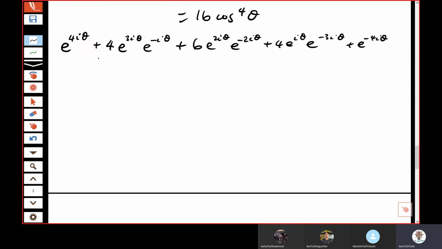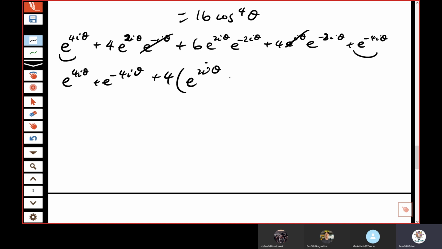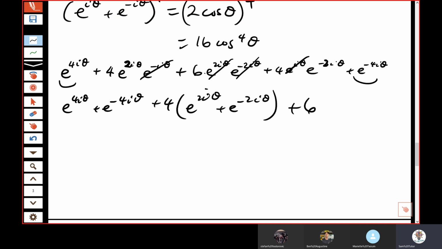Then group this and this, e^(4iθ) plus e^(-4iθ). This becomes 2, with this guy becomes negative 2. So it becomes plus 4(e^(2iθ) plus e^(-2iθ)). These two just cancel out, you're left with plus 6. What did you just prove above?